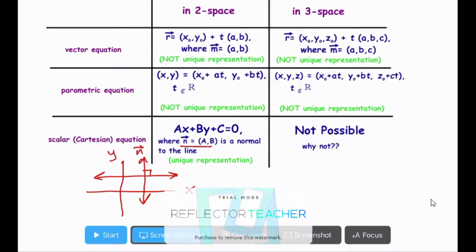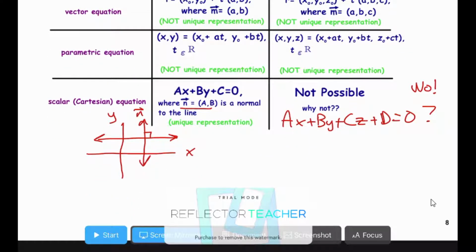If I know n, there's only one possible direction vector that is going to be perpendicular. But why can't I just have ax plus by plus cz plus d equal to 0? Well, let's think about what's going on here. We're defining things in terms of their normal.